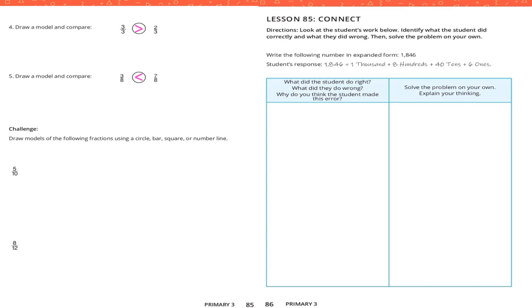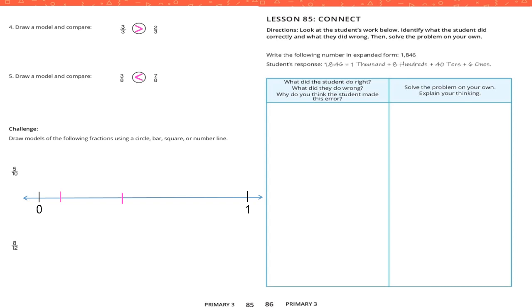Let's represent 5 over 10 by using the number line. I draw the number line by starting at point 0 and ending at point 1. The denominator here is 10, so it means 10 equal parts. We want to split this number line into 10 equal parts by making how many dashes?